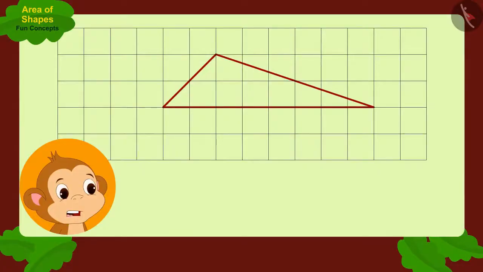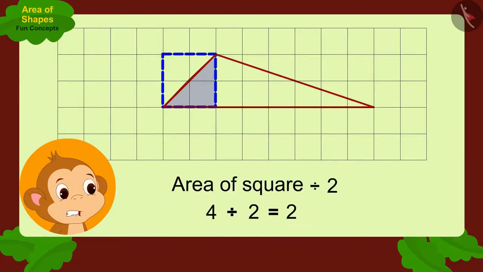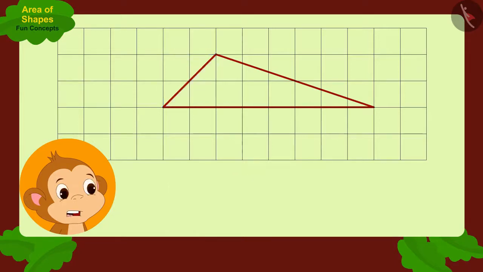First, I will find the area of this part of the box. I can divide this area into two triangles in this way. The area of this small triangle is half of the area of this square, or 2 square centimeters.